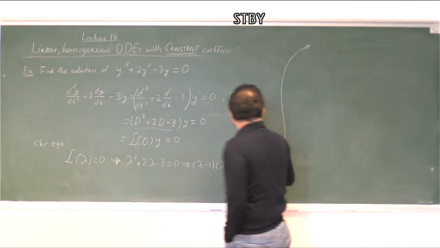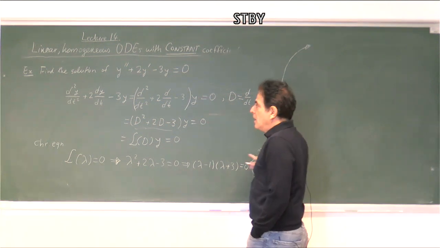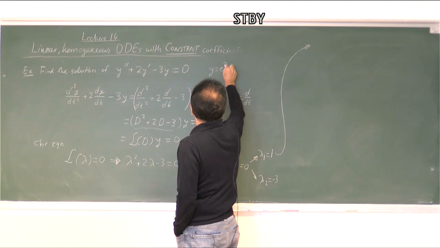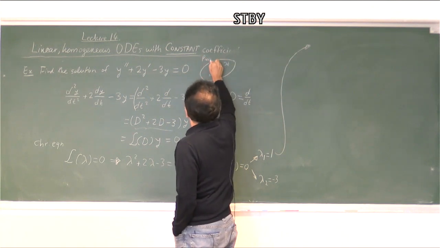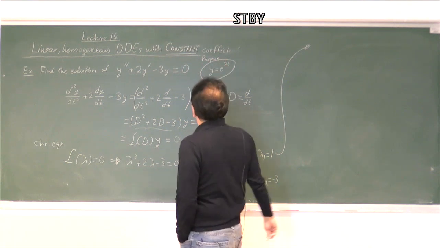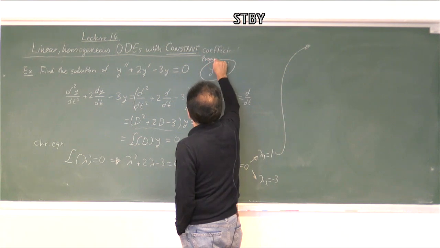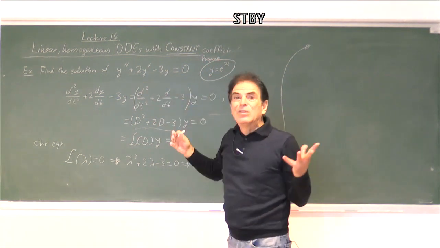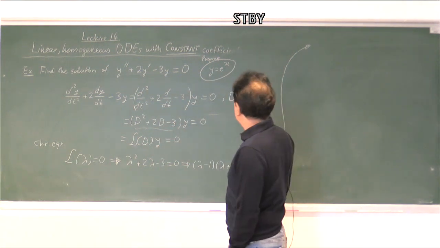When lambda is lambda 1, or 1, actually the proposed solution e to power lambda t, do not forget, we always propose a solution of this type when we deal with a homogeneous equation with constant coefficients.